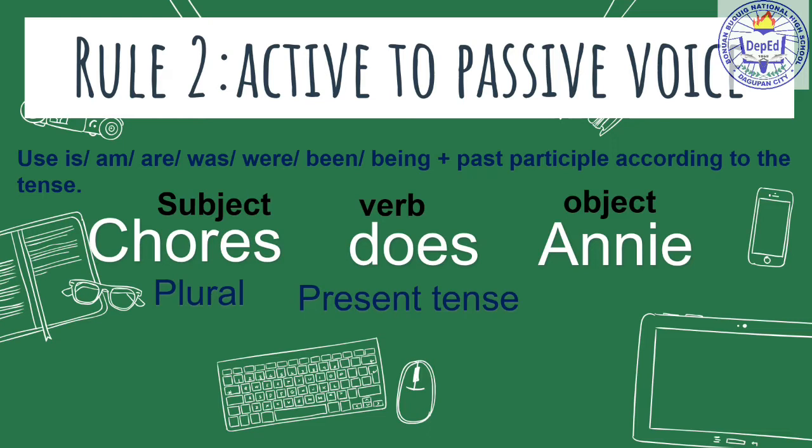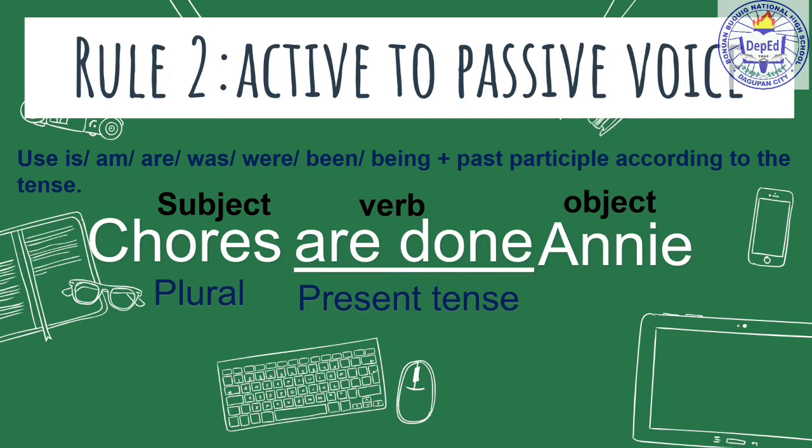And we can now transform does into past participle, which is done. The verb now is changed to are done. This sentence now is chores are done, Annie. And we are not yet done because we still have the last rule.